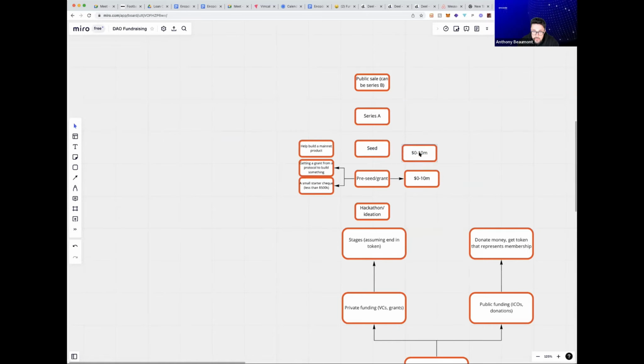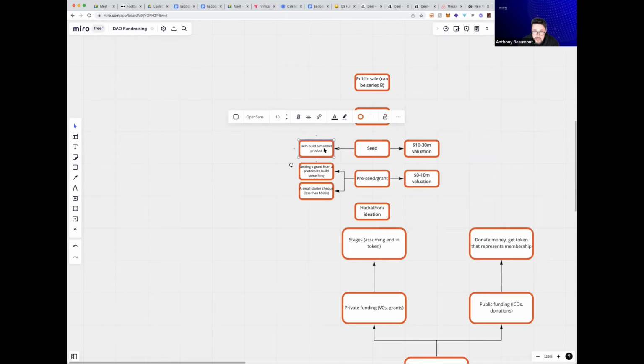I think you're looking at a valuation of 10 to 30 million now, and you're raising a couple of million, I'd say. Let's put valuation there before someone gets confused.